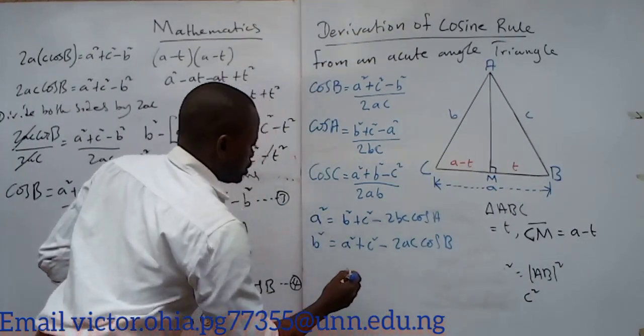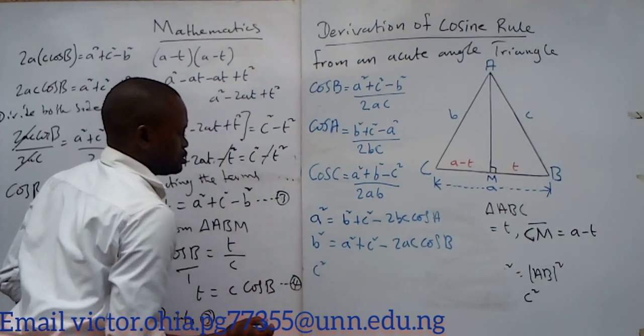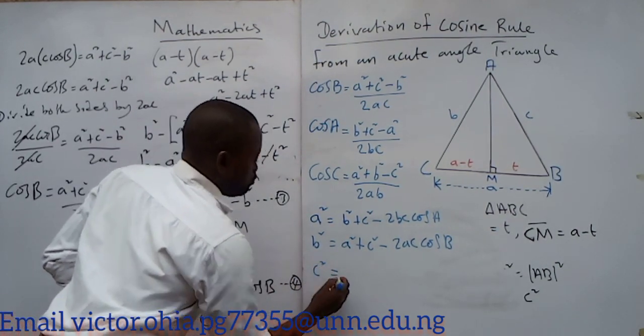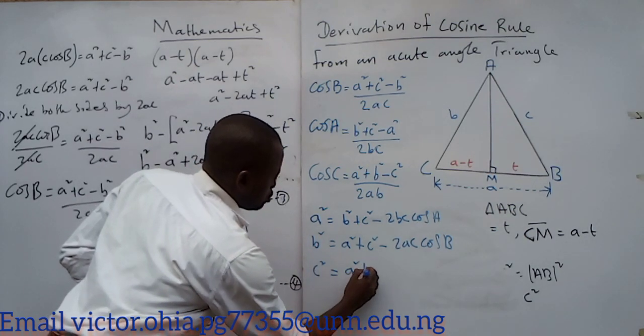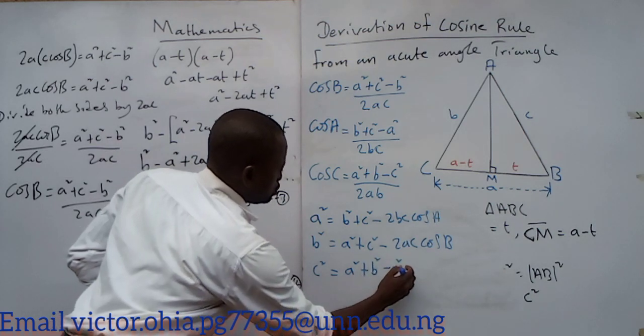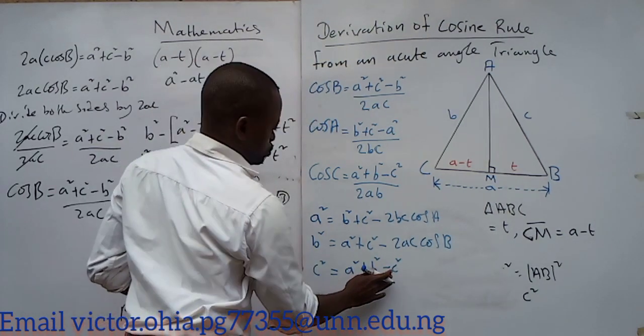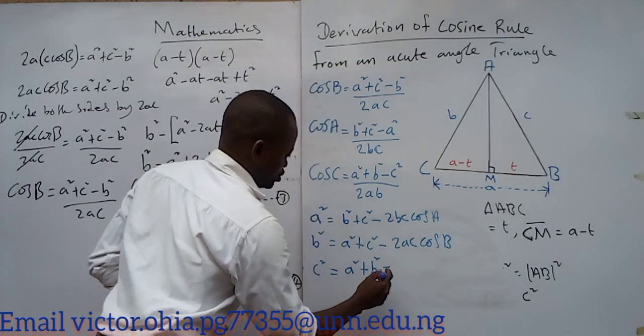It then means that c squared, the small side of that triangle, if you're looking for the side, will be equal to a squared plus b squared. No, like I'm hurrying now, then mistakes are coming.